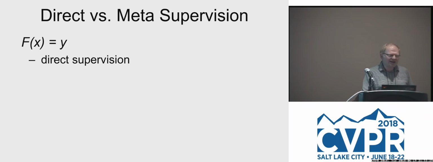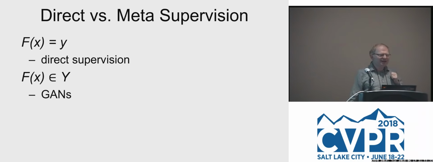Okay? And so if you look at what the GANs do, the GANs are not really directly supervising what the answer should be. They're kind of meta-supervising how the answer should behave, right?